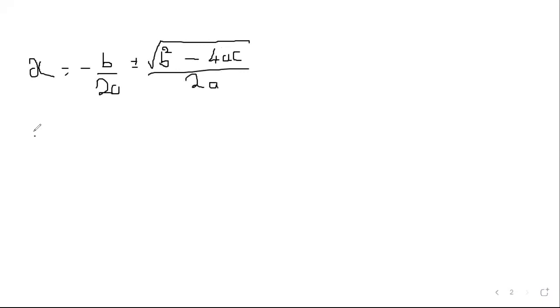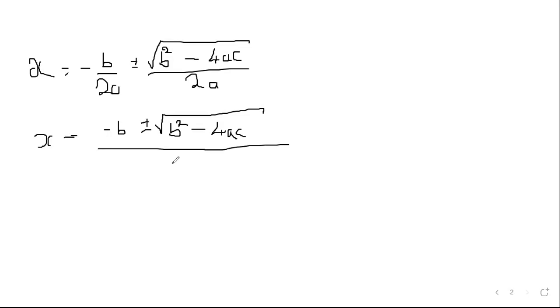The denominators are the same, so we may as well just write it as a single fraction, so to say: minus b plus or minus the root of b squared minus 4ac, over 2a.